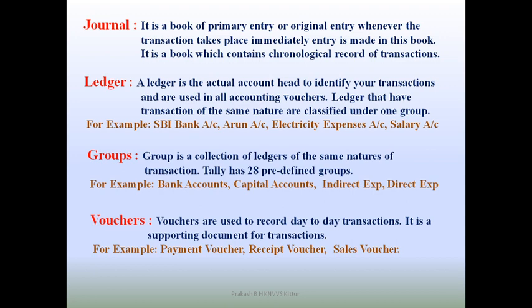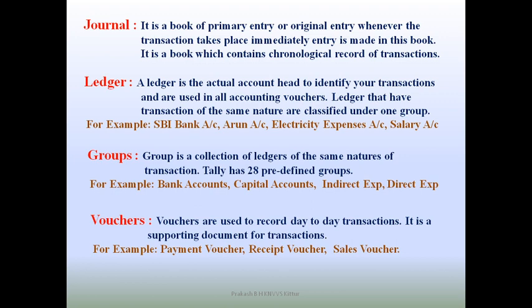A ledger is the actual account head to identify your transactions and is used in all the accounting vouchers. Ledgers that have transactions of the same nature are classified under one group. For example, SBI account, Arun account, electricity expenses account, salary account, telephone bill account, rent account, etc.